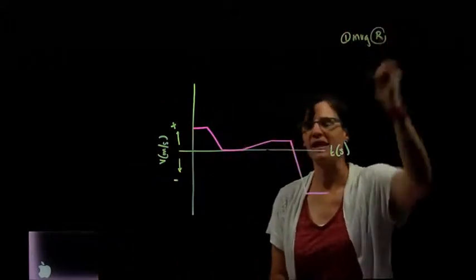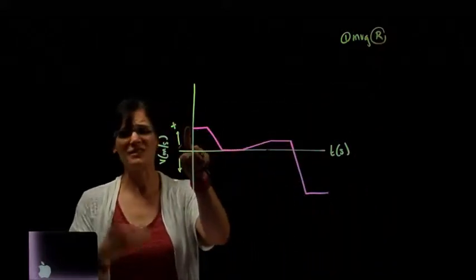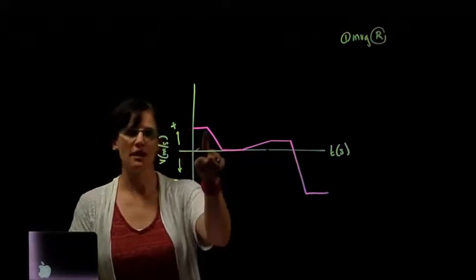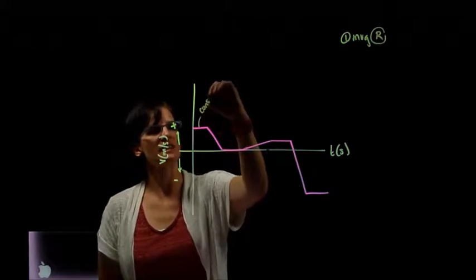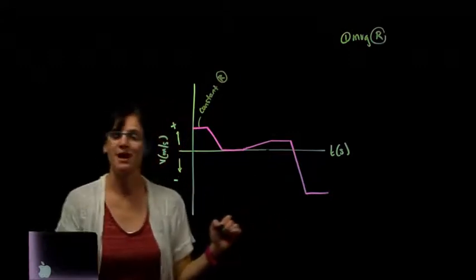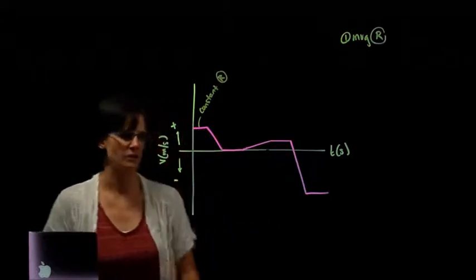We'll use right and left as our directions. It's moving to the right at some value, and it does that for a while. So during this phase, we have constant rightward motion. It's staying at a steady rate and it's moving to the right.